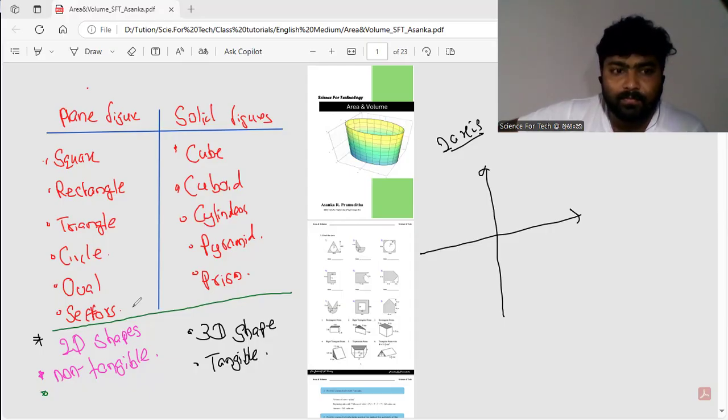Sir, can you tell from the beginning? Plane figures can be drawn in a Cartesian plane by using two axes.